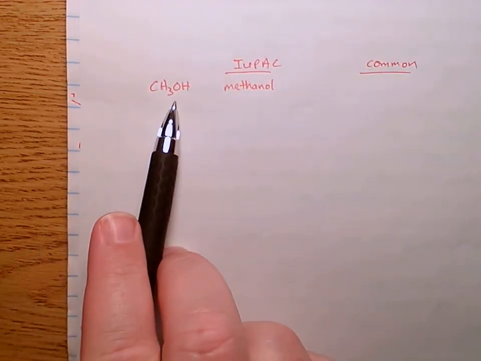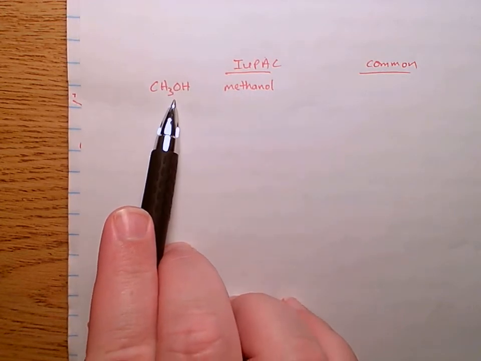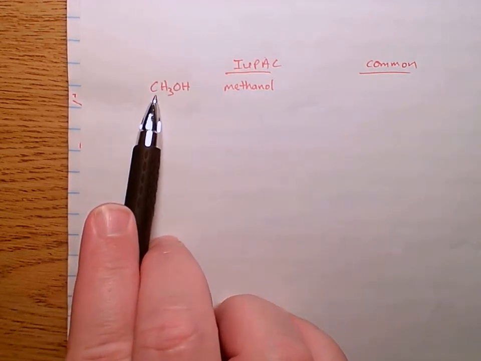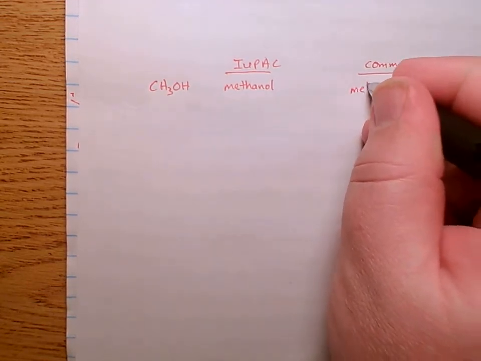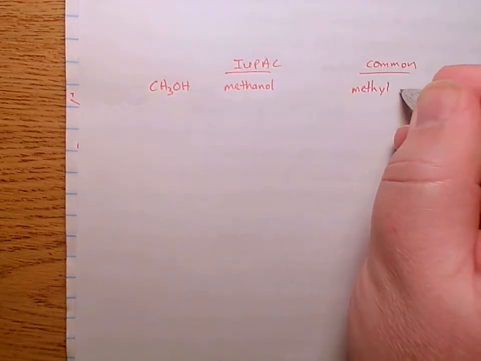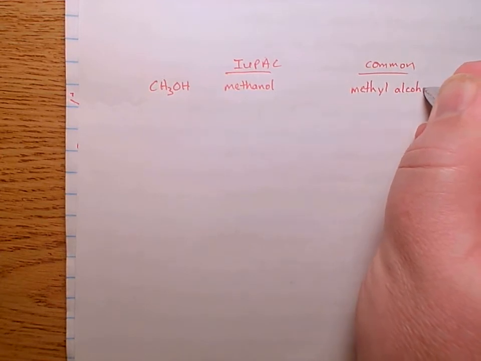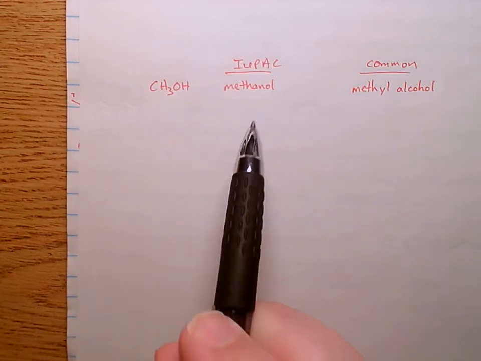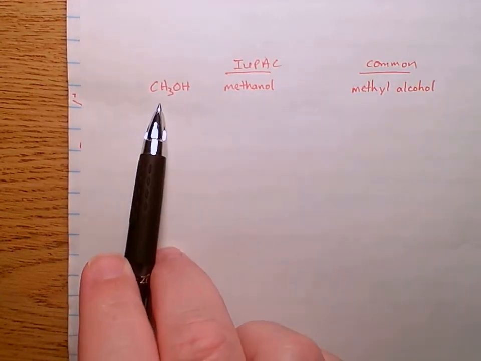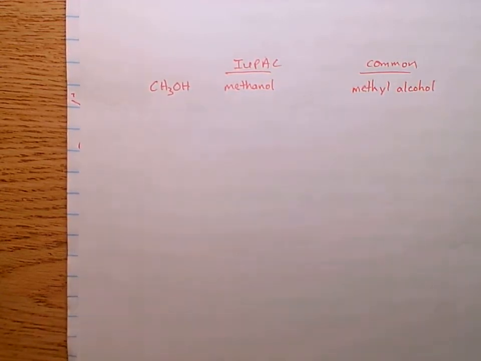The common name ends in the word alcohol. This is a methyl group attached to our alcohol, so the common name is methyl alcohol. Methyl alcohol, or methanol. Same molecule. Methanol, methyl alcohol.